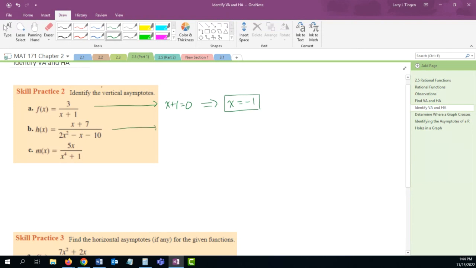For the second one, I need to see if this factors. Does this factor? Yes, it does. x plus 7 over two numbers that multiply. What have I got? 2x squared is going to break down into 2x and an x, because that's the only way to get 2x squared.